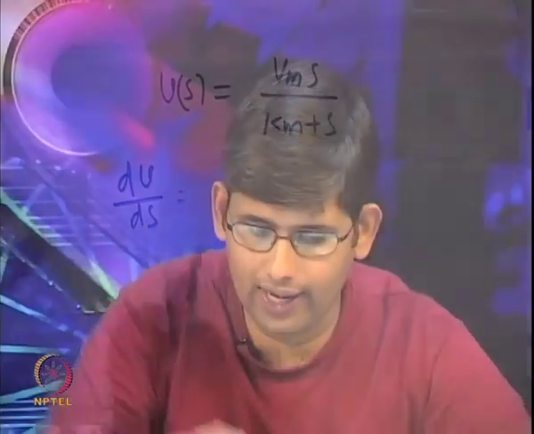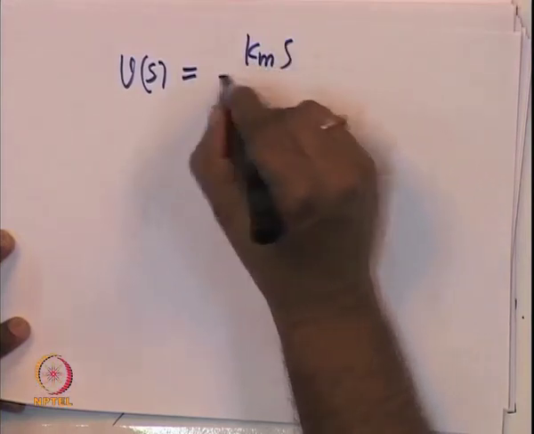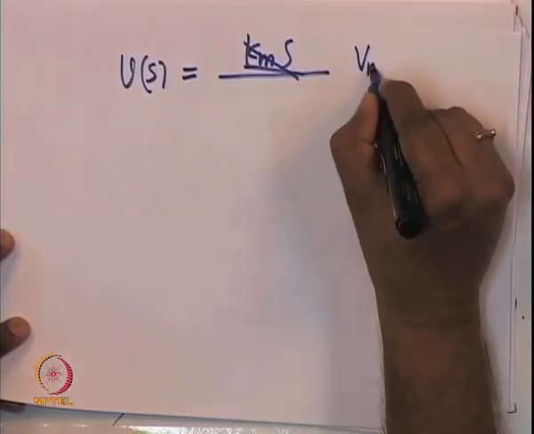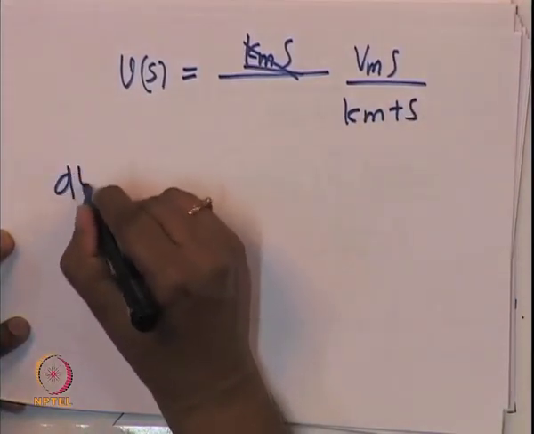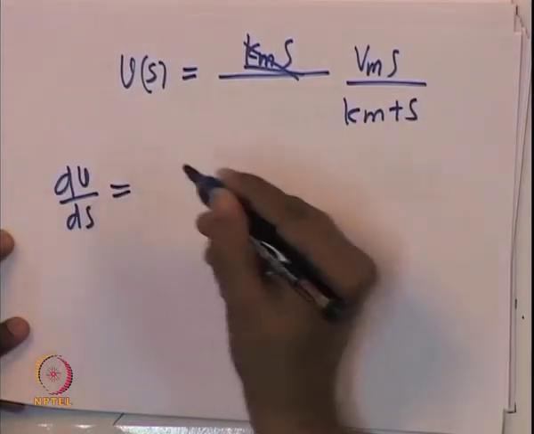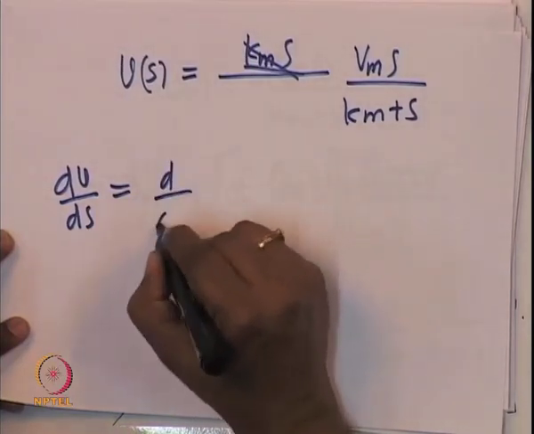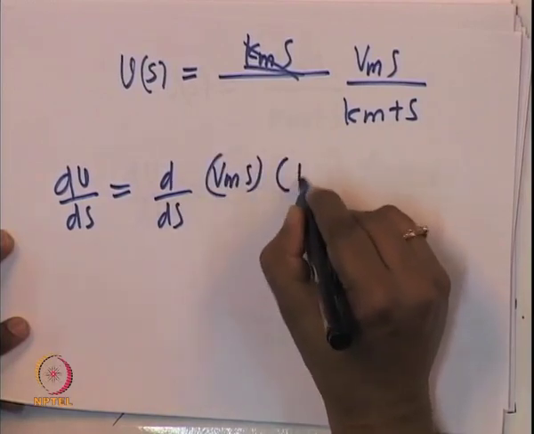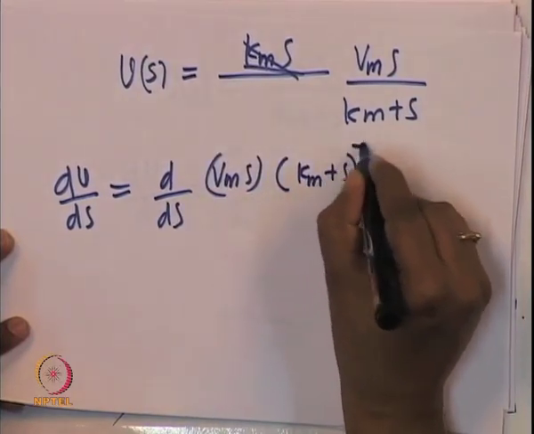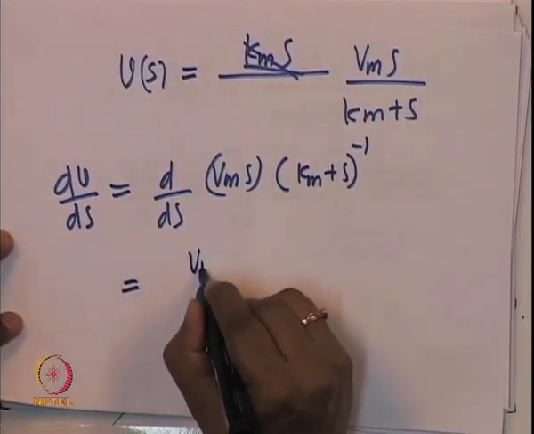So, you can write our function, which is V of S, as VmS by Km plus S. dV by dS is, you can write as d by dS of VmS into Km plus S whole power minus 1, which is basically Vm.